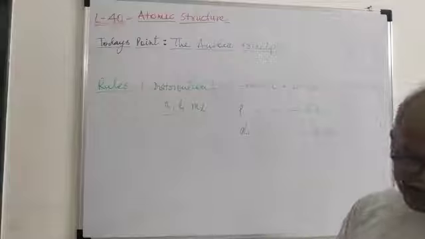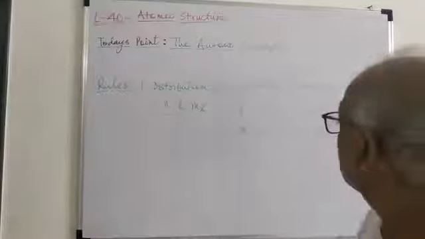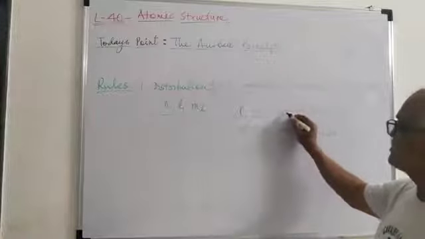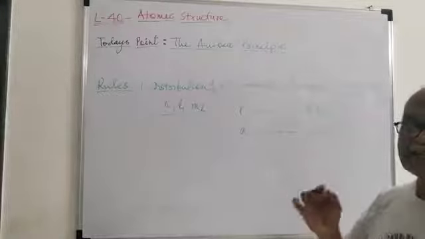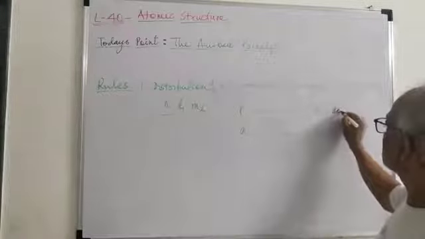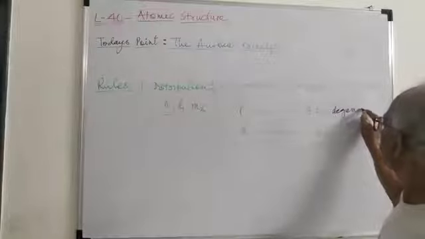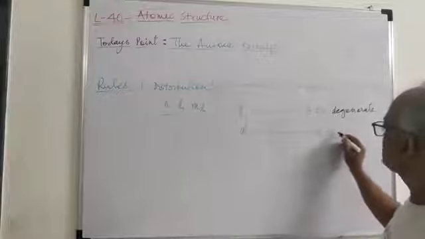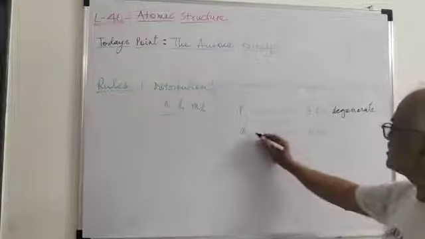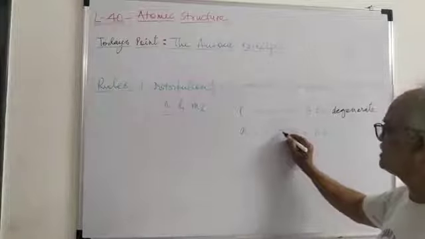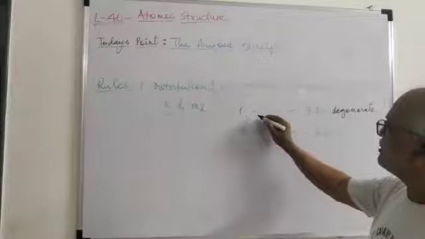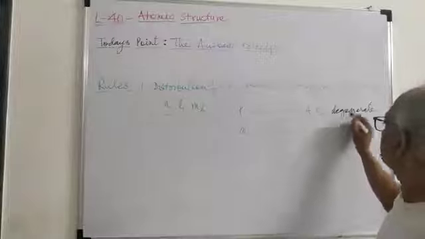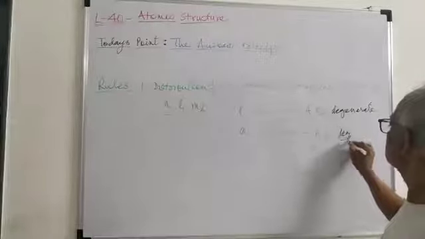If we consider these orbitals of p, then we have to consider that the energy of these 3 orbitals is the same, that is called degenerate. Similarly, the energy of these 5 orbitals is also the same, so all these orbitals are at the same energy level. So these are also degenerate.